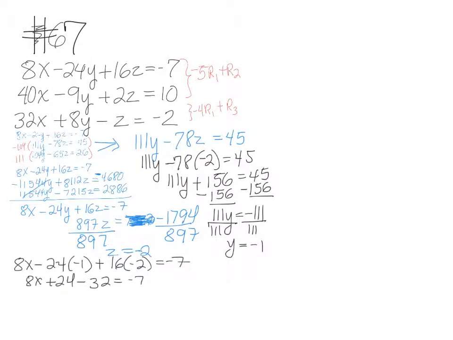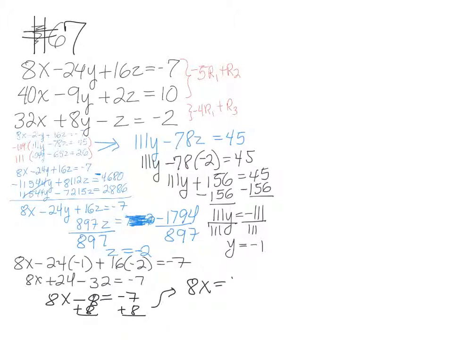And then you just combine those two numbers. So it's 8x minus 8 equals negative 7. Then just add 8. And that would be 1. So 8x equals 1, divided by 8.